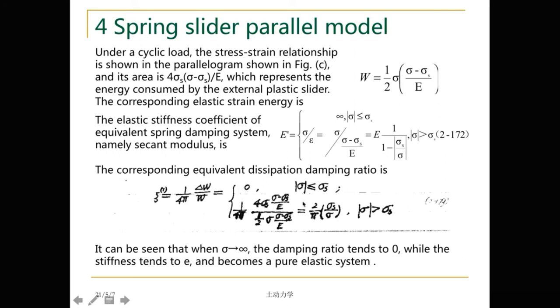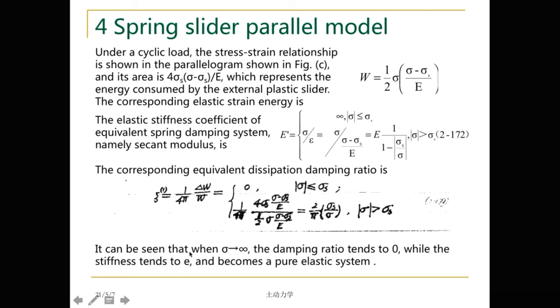The condition is that the load is less than the strength of the slider. But if the load is larger than the strength, then there's energy dissipation, and we can calculate using 1 over 4 pi times delta W over W. Just now we calculated delta W and W. We substitute into the equation, and finally the result is 2 over pi times sigma s over sigma.